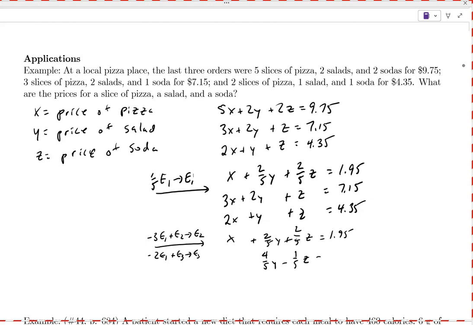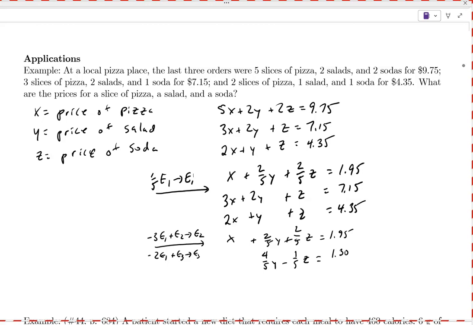The last one, -3 times 195 is what? 585. All right. So -585 plus 715 gives us what? 130. That's what calculators are for, right?